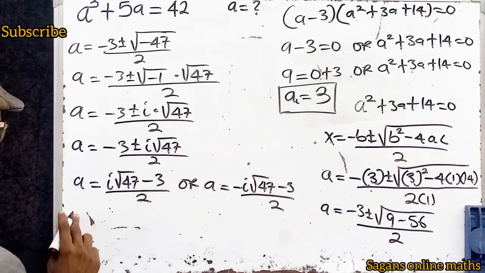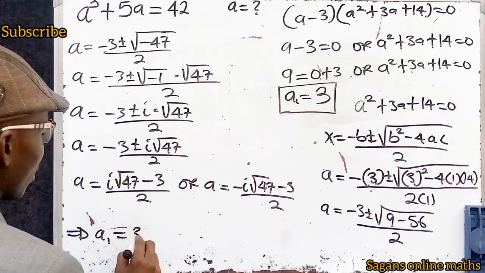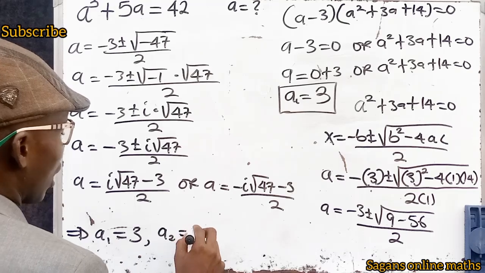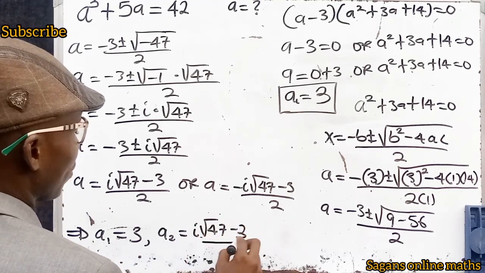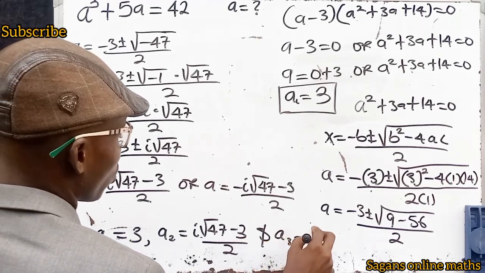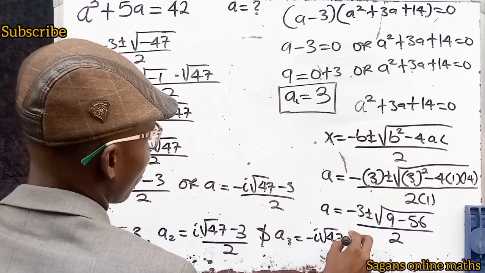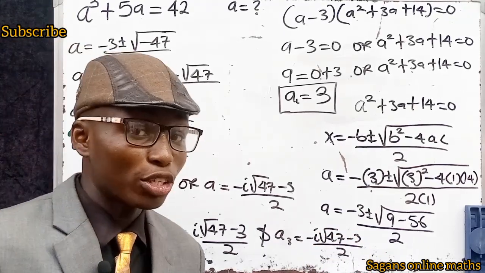This implies that our a1 is equal to 3, a2 is equal to i multiplied by root 47 minus 3, divided by 2, and a3 is equal to minus i root 47 minus 3, divided by 2. Can you see how simple and interesting it is?